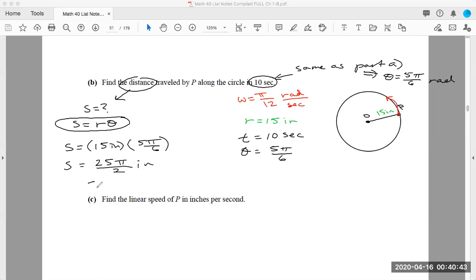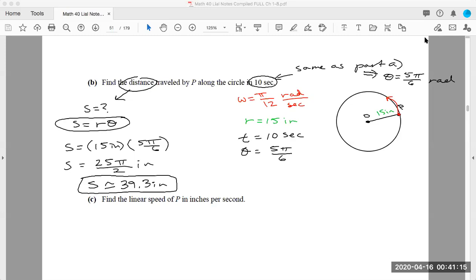Not often. So S is approximately 39.3 inches. Typically, to avoid the question of whether to use an exact value or the approximation, it'll be given if you need to use exact or if you need to round to something.